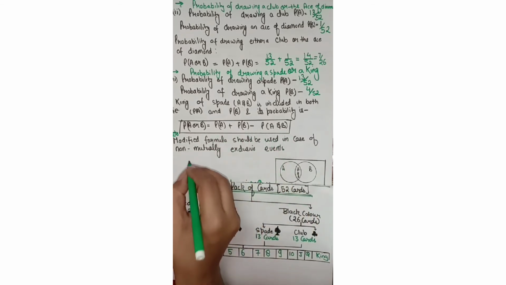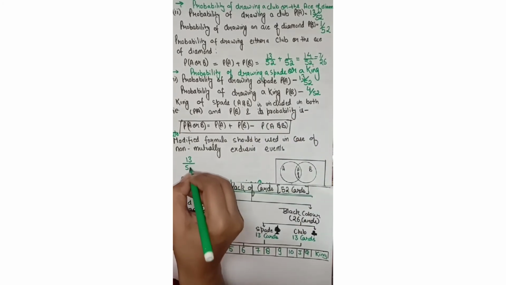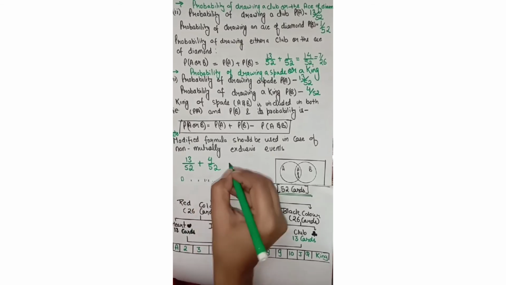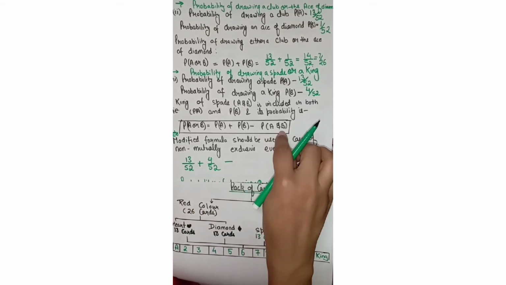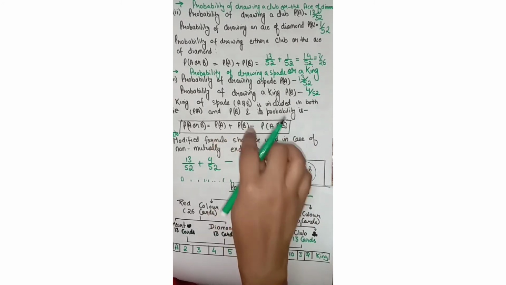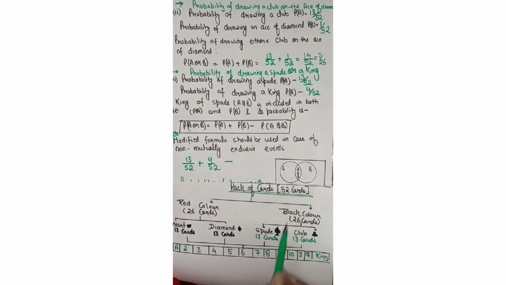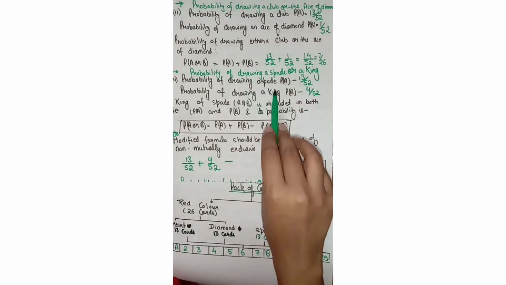So we are simply going to write it as probability of A, 13 by 52, plus 4 by 52, minus the conditions where these two probabilities are interlinked. There is one such condition, because of the probability of drawing a spade as well as a king. In the spade cards, there is only one king.